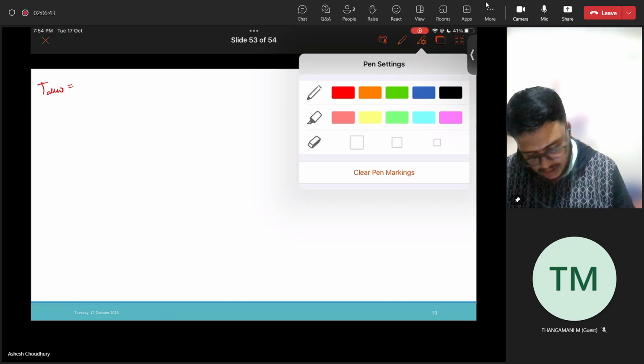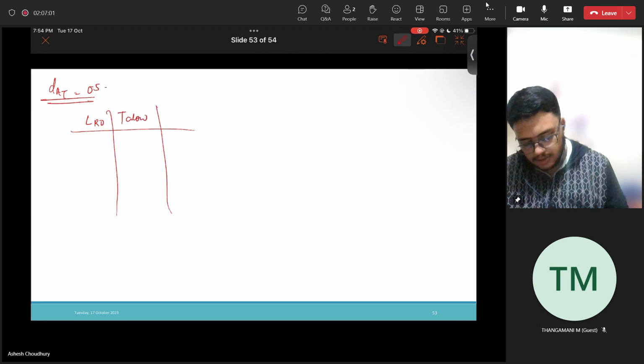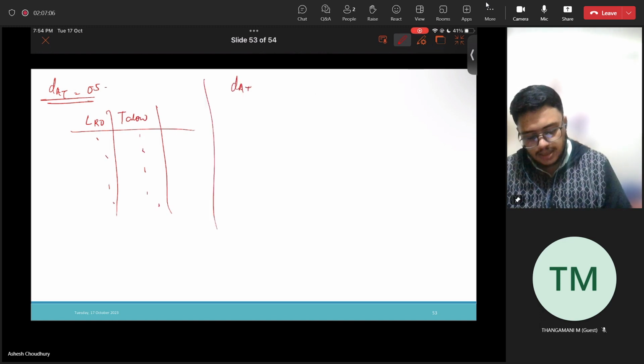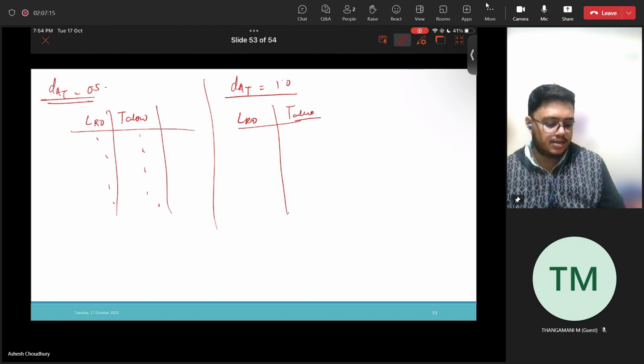One thing we can fix, let's say we are fixing DAT as 0.5. Then we can vary this LR naught and this T allow. Here many values you will get. Then again you can change the depth to say 1, and again we can get values. Like this we can get many values.